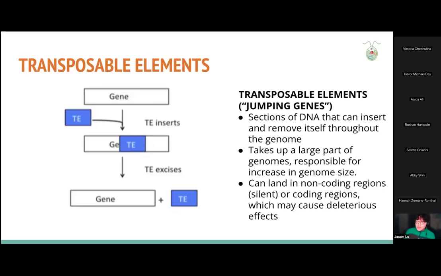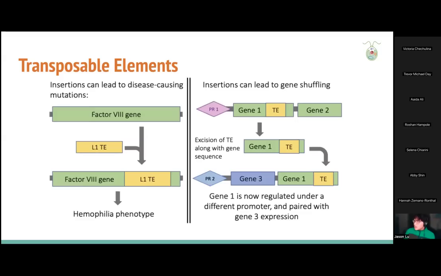So these can be really, really problematic, like in the next slide. For example, if these transposable elements insert themselves into a gene or into an area that controls a gene, or cause the shuffling of a gene. On the left side, we have factor 8, which is part of our clotting cascade.